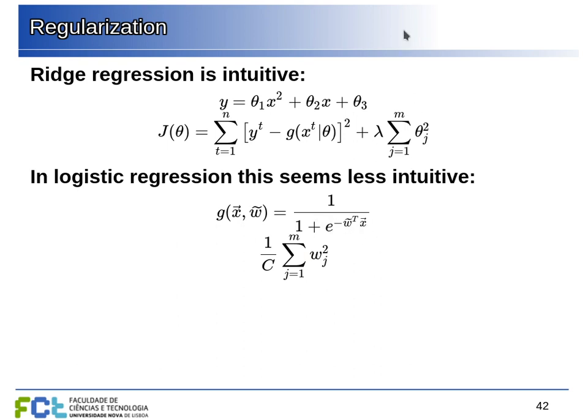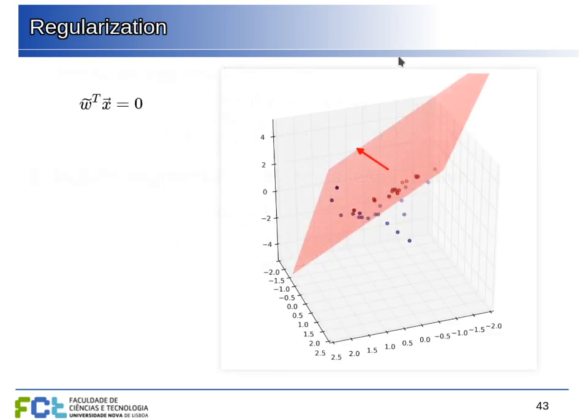So let's look at the effect of trying to keep these parameters small. If you remember, we are trying to find this linear discriminant, that is determined by the plane where the inner product of all these parameters, including that W0, is 0.